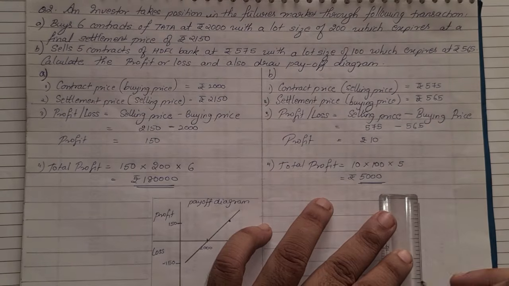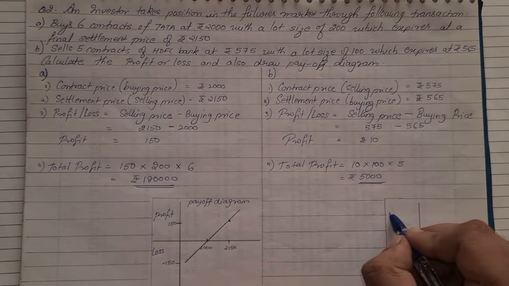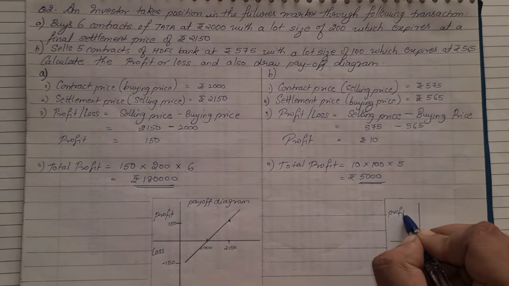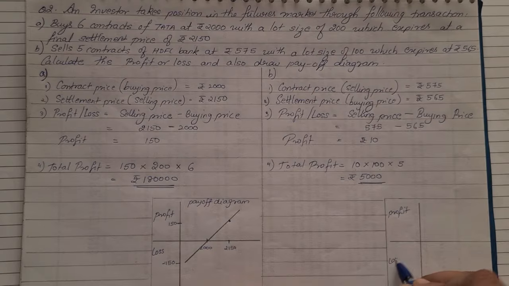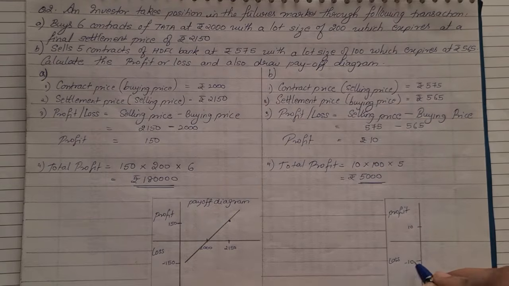Again, in the simplest way, we draw the x and y axis. The top part is called the profit. The bottom will represent loss. Okay, here the profit is 10, so I'll just note down on top 10 and bottom a negative 10.